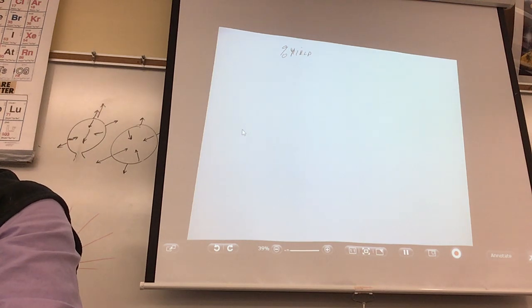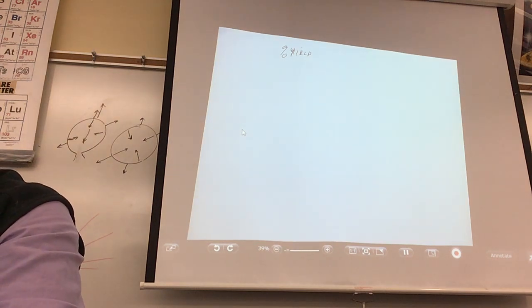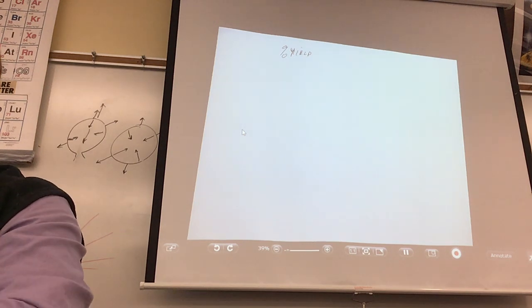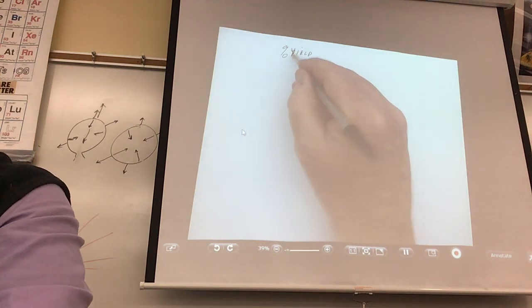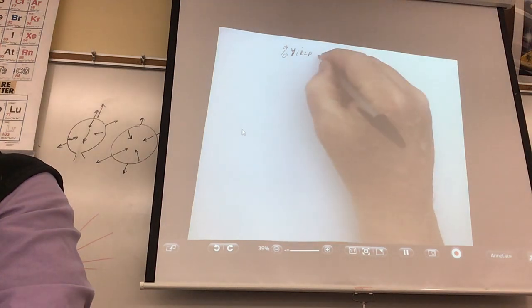So every dollar I put in that gas tank, 30% of that dollar actually gets me to move down the road. And 70%, sorry, does not move you down the road. So in the world out there of chemistry, percent yield is very important. And here's the definition of percent yield.